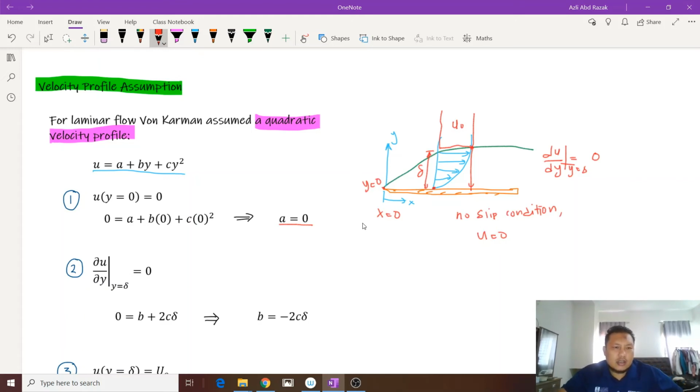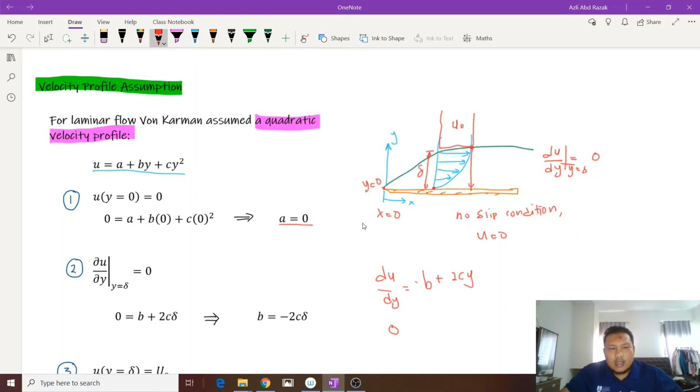So we substitute here, we differentiate this equation du dy. So what we got here is, sorry, this is my mistake, this is not y, this is b.